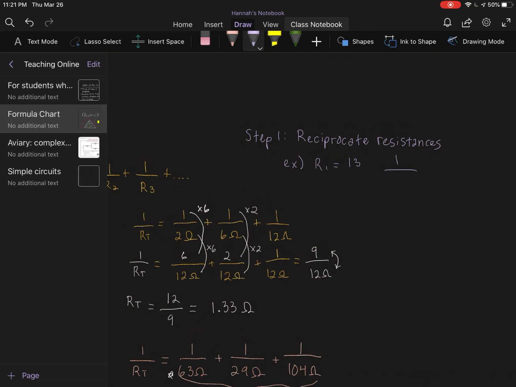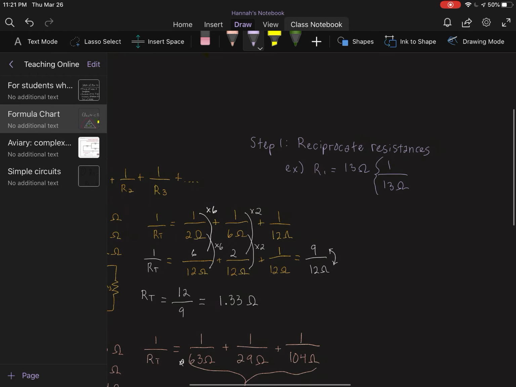So therefore, if my resistance is 13 ohms, I make it 1 over 13 ohms. Okay, so that's what we end up doing there. That's what that means, okay? Step 2, find your common denominator.